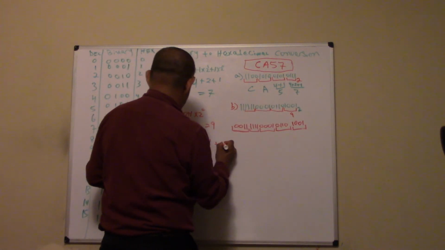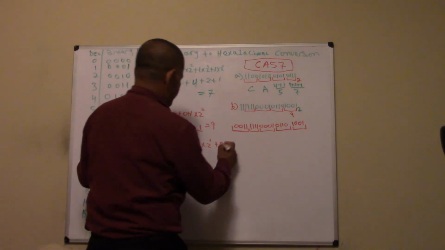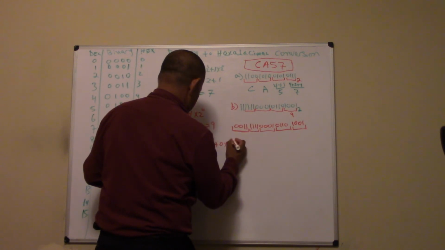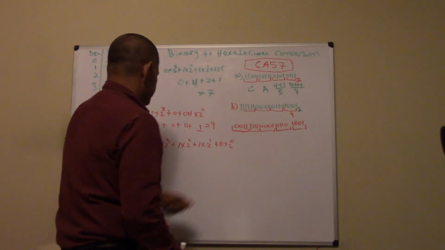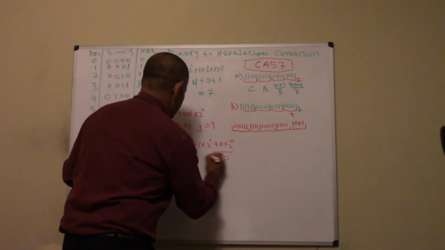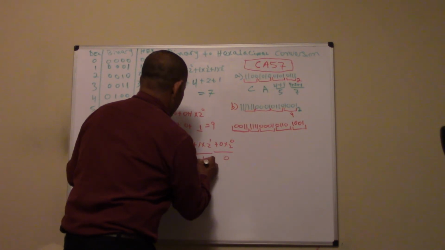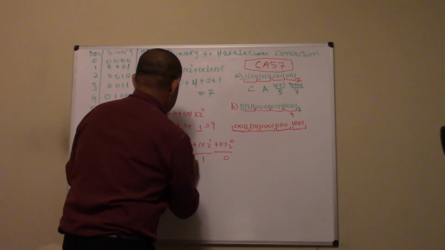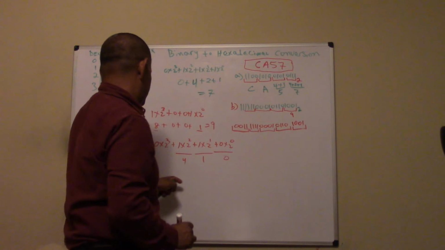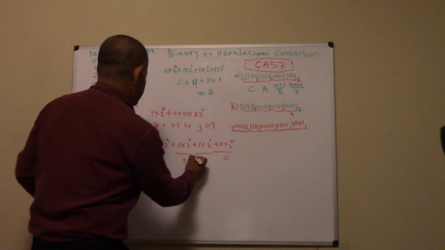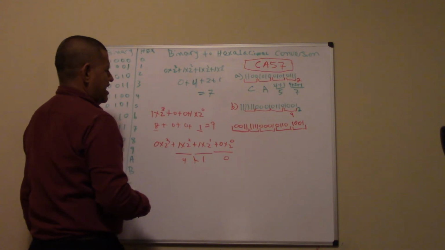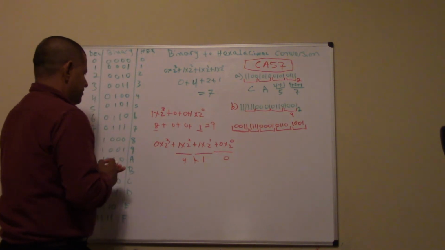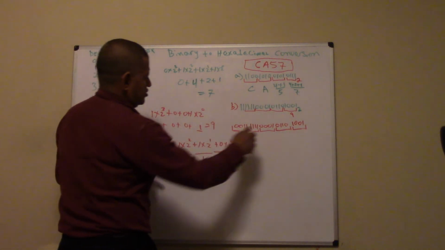And plus 0 times 2 to the 0 power, right? So here, this is 0, this is 4, this is 2. So basically what it is, is 6.